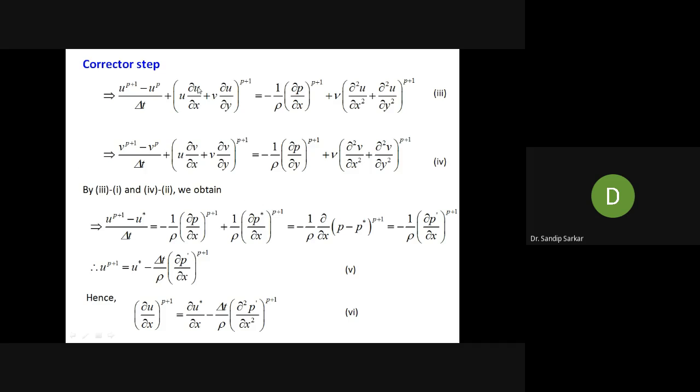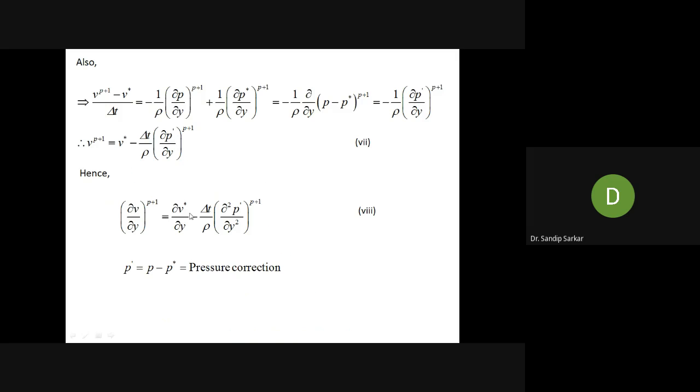So what is ∂u/∂x at p+1? ∂u*/∂x minus Δt/ρ ∂²p'/∂x². And what is ∂v/∂y at p+1?